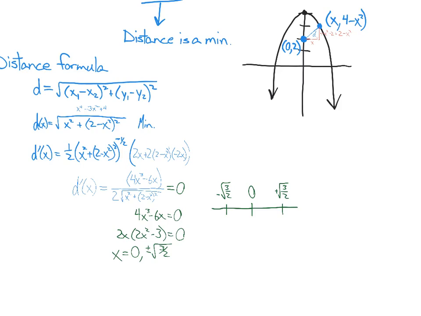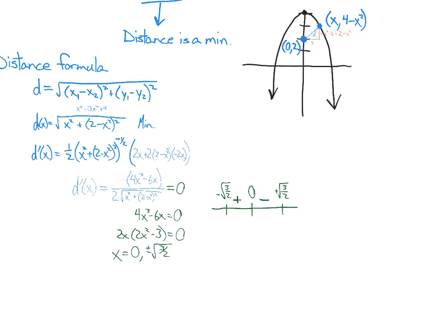And let's see, negative square root of 3 halves, that's square root of 6 over 2, which is going to be a little bit bigger than 1, or smaller than negative 1. So I can actually plug in 1 and negative 1 in those intervals. If I plug in a 1, I have 4 minus 6, which is negative. If I plug in a negative 1, I'm going to have a negative 4 plus 6, which is positive.